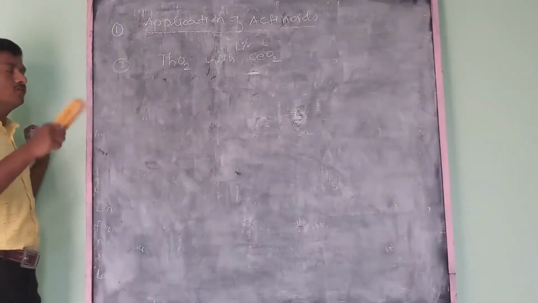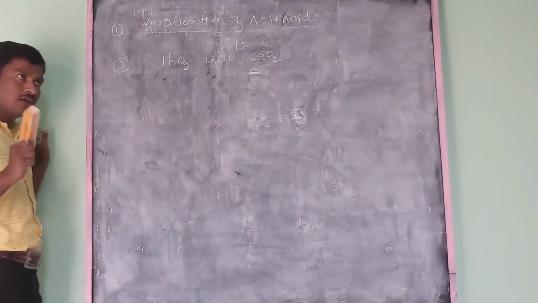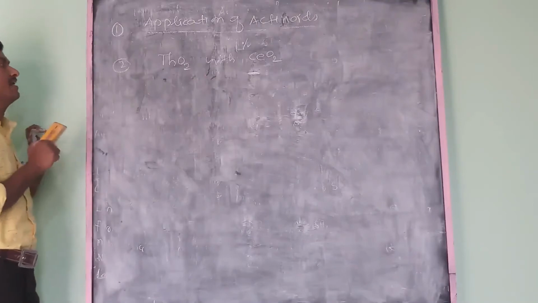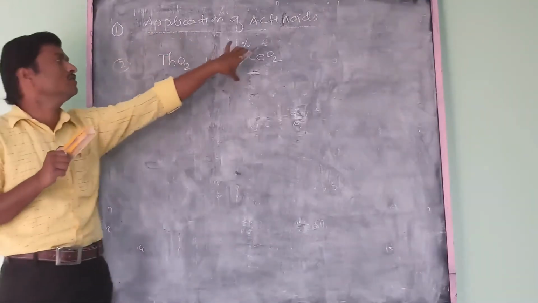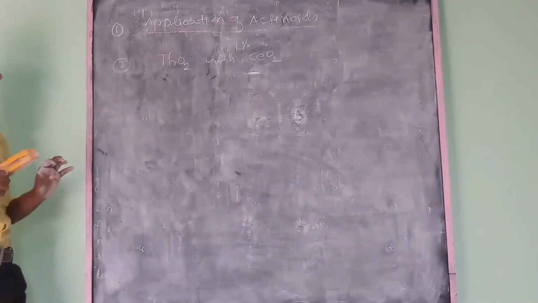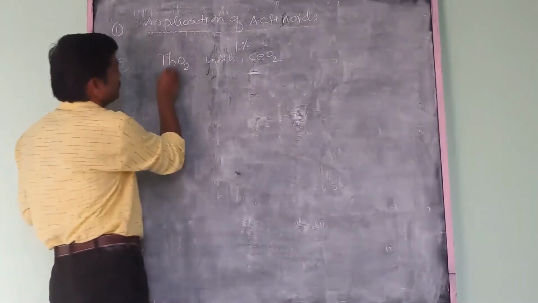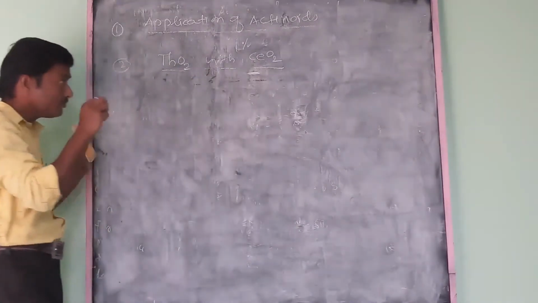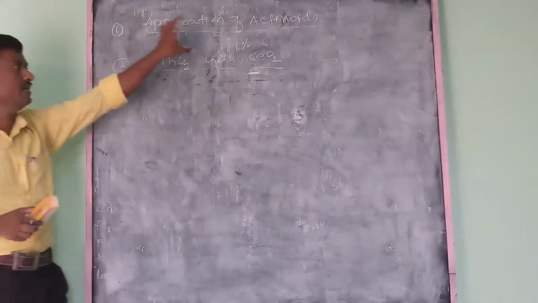We use bulbs and tubes like this. In those bulbs, the oxides are filled in as the lighting material.